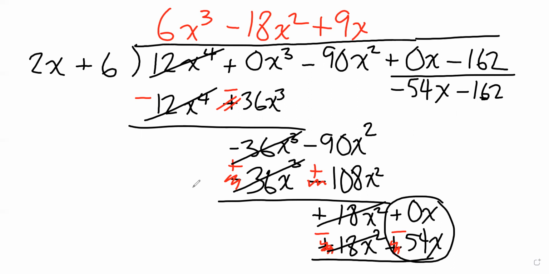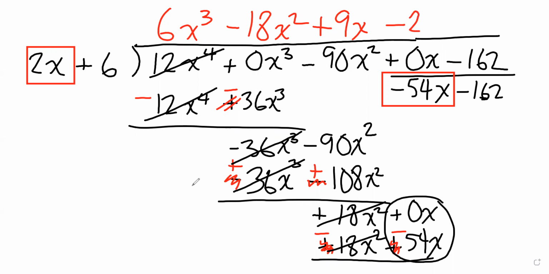All right, let's do it one more time. Getting everything ready. All right, we need to divide negative 54x by positive 2x. To turn positive into negative, I need to multiply by negative. To turn 2 into 54, I need to multiply by 27.